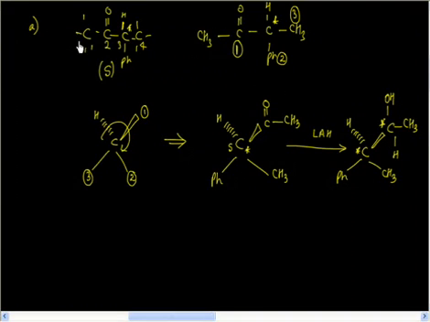Now if you number these things, this is 1, this is 2. So this carbon is 1. Initially it was 1, this was 2, this was 3, and we have this is 4, so carbon number 4.